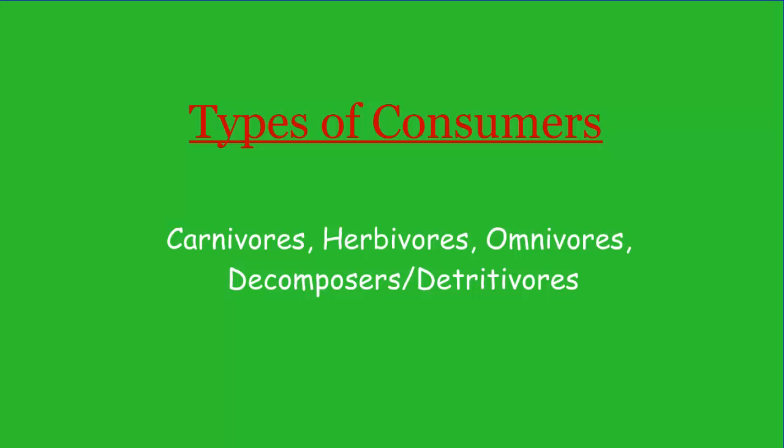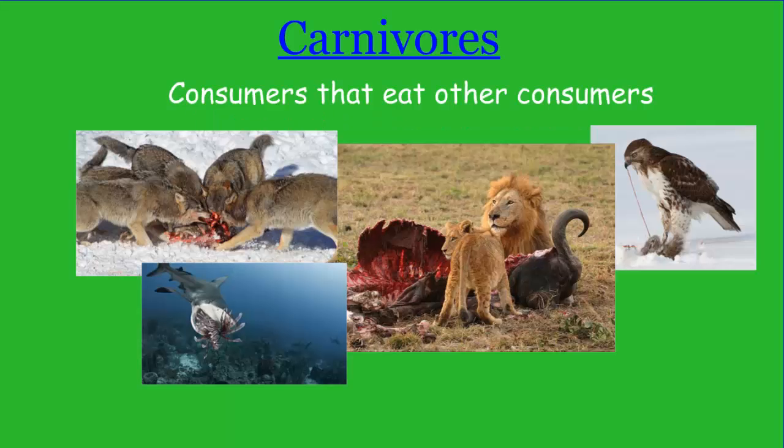There are four main types of consumers: carnivores, herbivores, omnivores, and decomposers. Sometimes we call them detritivores, and there is a slight difference, but we're going to classify them together as one type of consumer. So let's take a look at the different types of consumers and see what they're all about. We'll start with carnivores. Carnivores are consumers that eat other consumers.